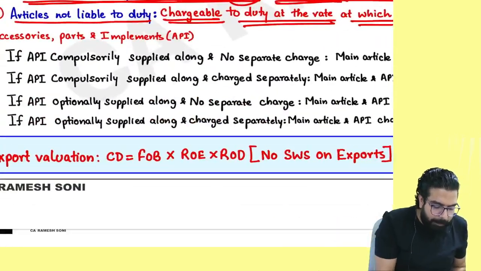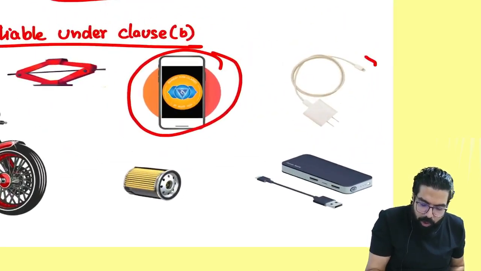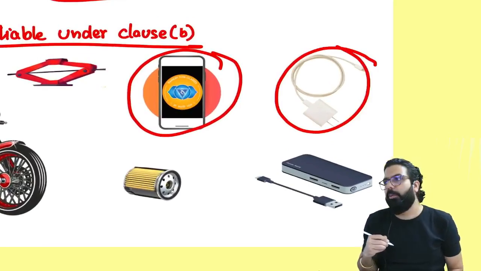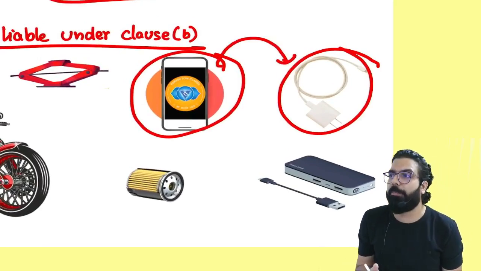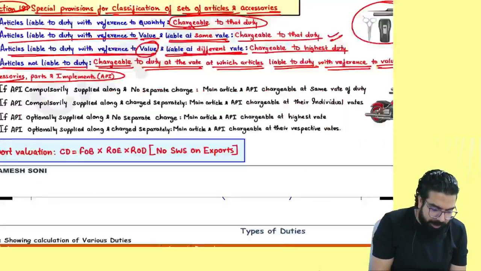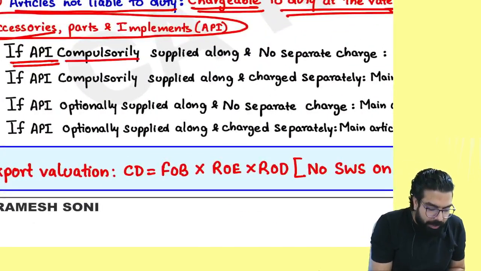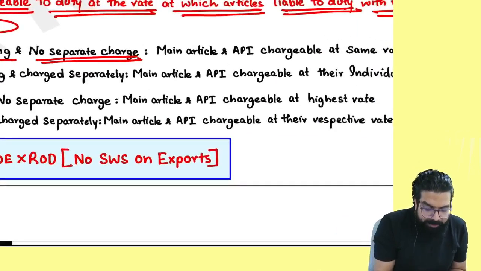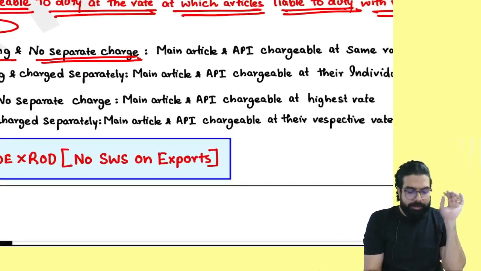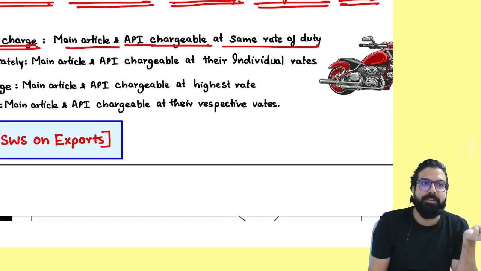Everyone over here, I imported some accessories, parts and implements. Accessories means, might be along with the mobile phone, you got a charger. They are going ahead and telling what? Along with the mobile phone, you got a charger. What rate will apply? Composite rate applies. Do you guys agree with me? So it says over here, if accessories, parts and implements are compulsorily supplied along and there are no separate charges, then the main article and APIs are chargeable to the same rate.